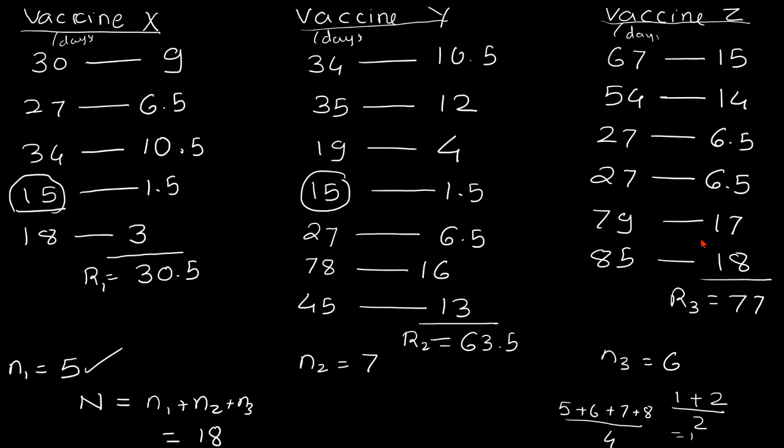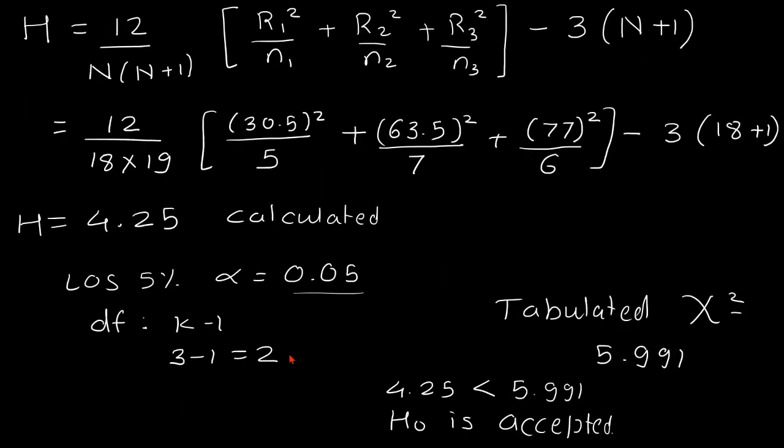Okay, so once the ranks have been allotted, the rank sum has been taken for various samples which are under test. Okay, then n1, n2 and n3, these are the sample sizes of each sample. And capital N is given by n1 plus n2 plus n3, that is the sum of all observations. It comes out to be 80.